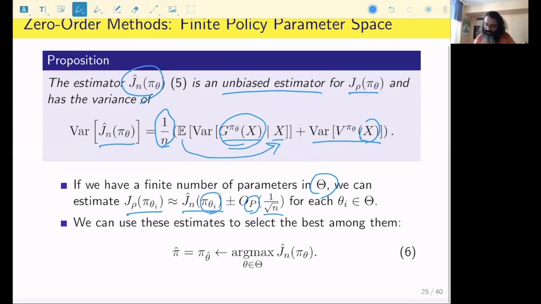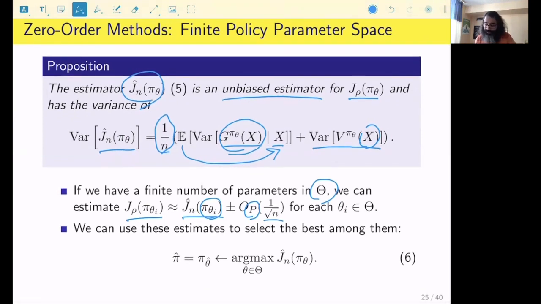Okay, so now we have all these estimates. Remember, the goal is to solve this problem, which would give theta bar. But instead, we are computing the argmax over theta of j hat of n of pi theta.